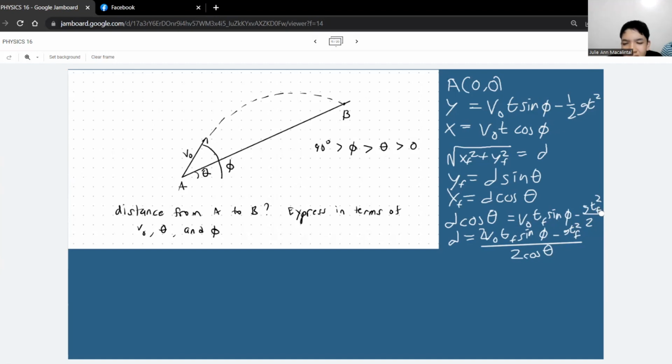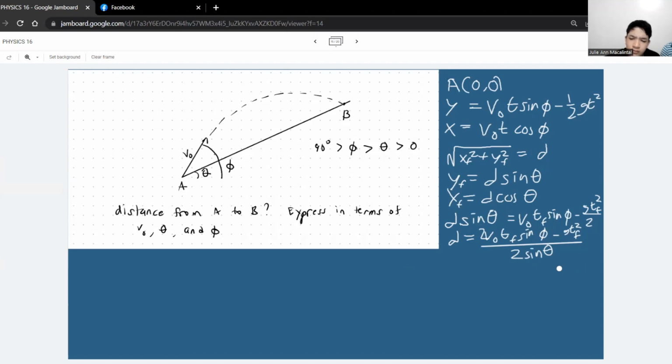Di ba may dalawang equations tayo na nire-relate yung final positions to initial positions? So yung isang equation ay d sine theta equals v naught t sub f sine phi minus g t sub f square. And we get that from yung sa y. Paano yung sa x?